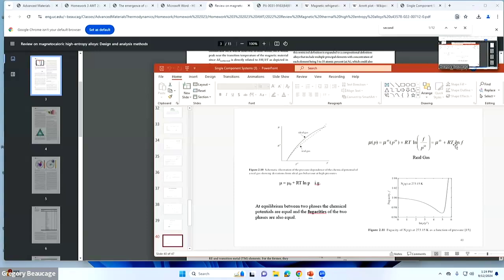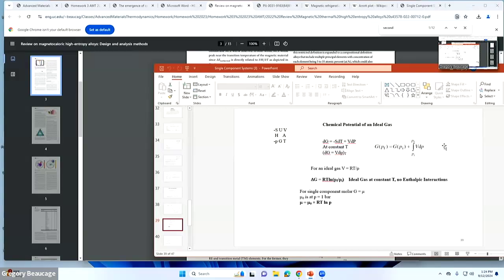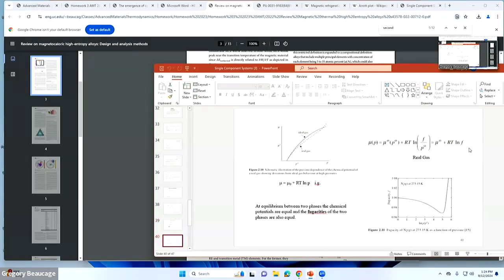So you could calculate the chemical potential, divide by RT, and take the exponential of that and get the fugacity. The exponential of the chemical potential over RT is the fugacity, or the log of the fugacity is the chemical potential.